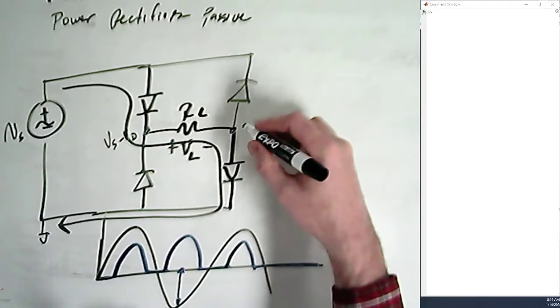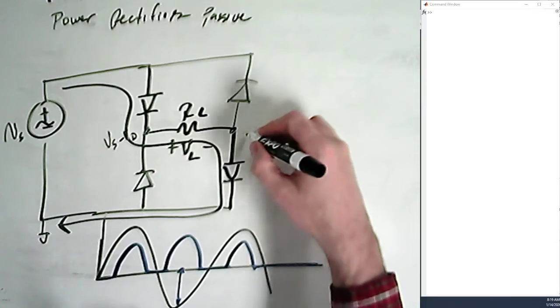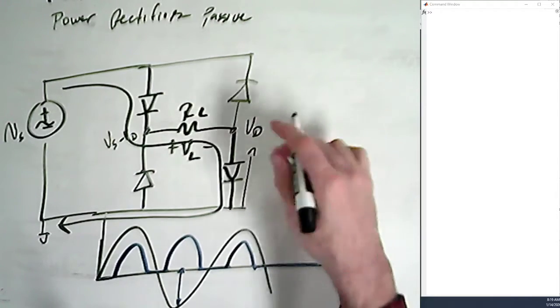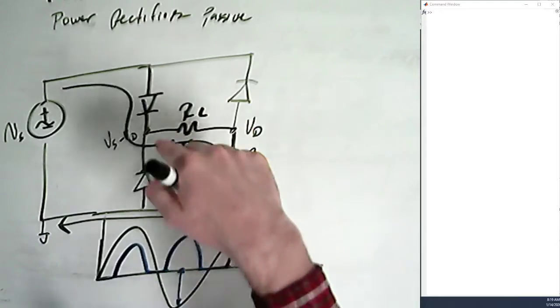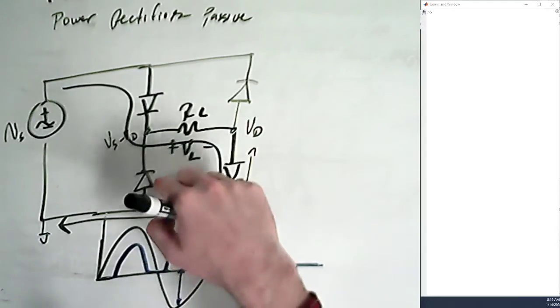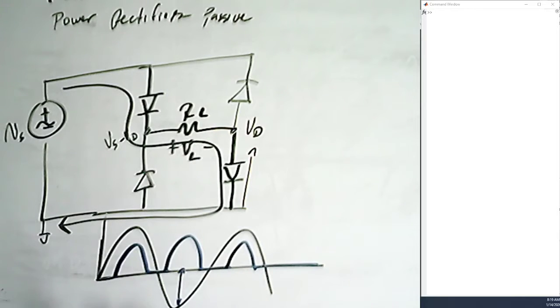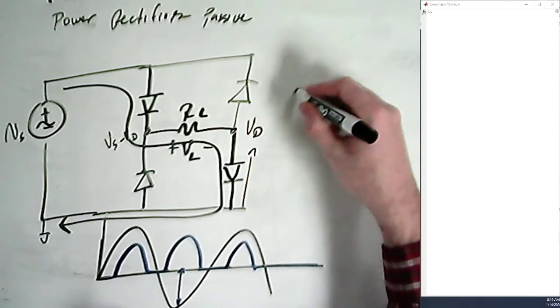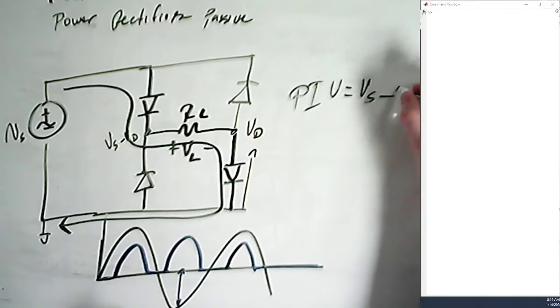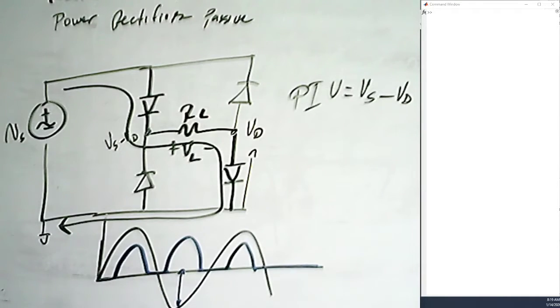The voltage here will be VD because it's from 0 up. And we know that these two are forward biased and these two are reverse biased, and so the question is, what does this diode see maximum on the other side? And the answer is VS minus VD. The book goes through a lot of math, but I think that's the easiest way to see this. Peak inverse voltage for this one is VS minus VD, the diode voltage drop.